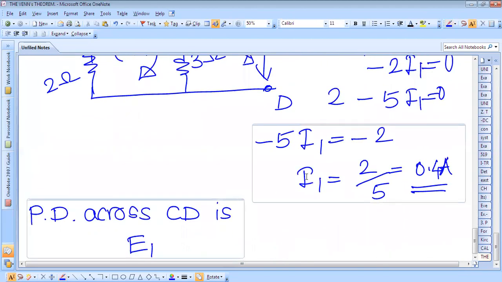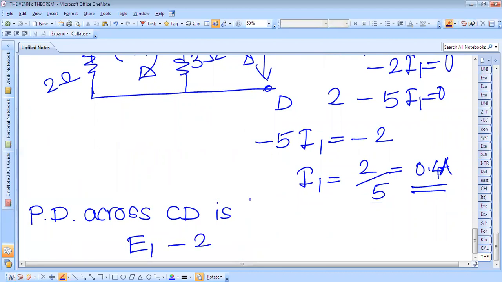Therefore the potential difference across CD is E1 minus 2 into I1.